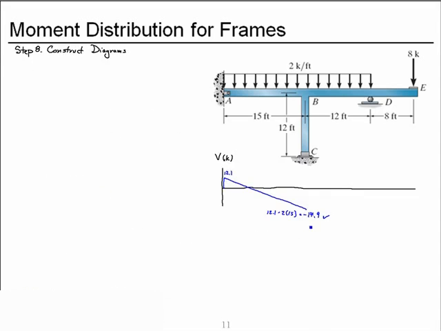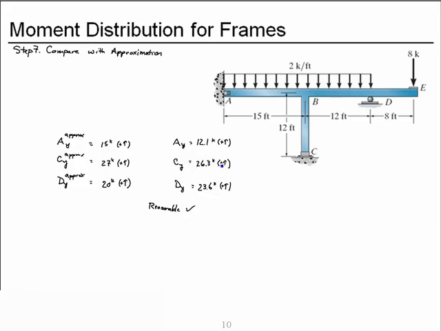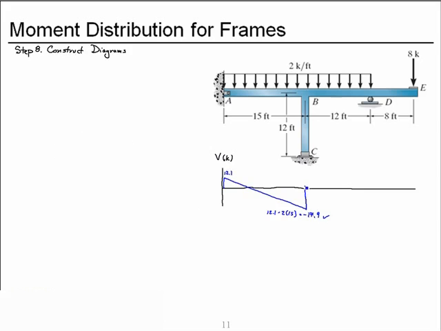That's good assurance. We then have the vertical reaction at C causing a jump of 26.3 kips. So we had a negative 17.9, and we had a positive jump of 26.3.